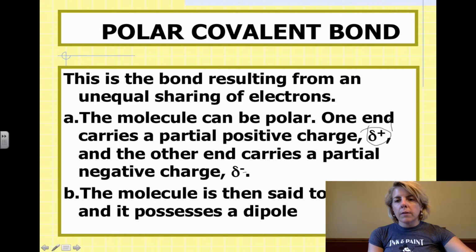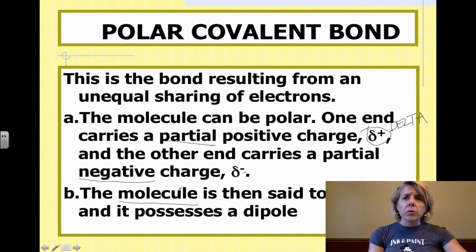This is called delta. So this is a delta charge, and if it's a partial positive, you'll see a delta positive. If it's a partial negative, you'll see a delta negative. So if a molecule which has a covalent bond has unequal sharing of electrons, we call it having a dipole.